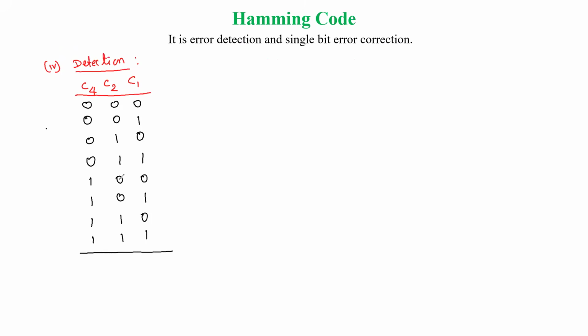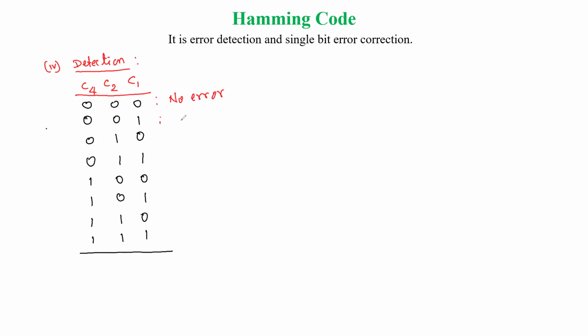So in this case, if you are going to get C4, C2, C1 as 000, it means we are not going to get any error. Okay. If any of this C1, C2, C4 is going to be 1, it means it has error. So for this combination, no error. Now for this, 001 is the 1.